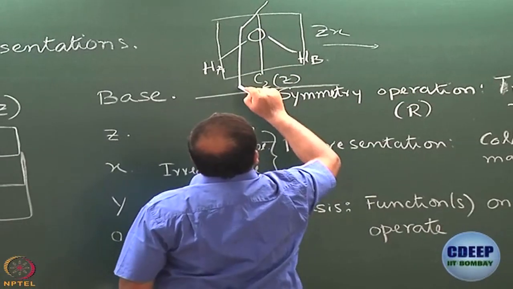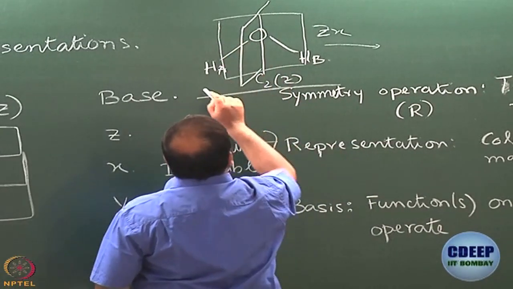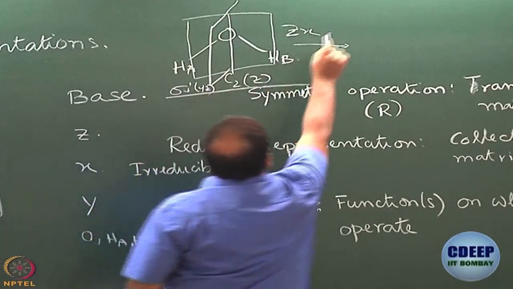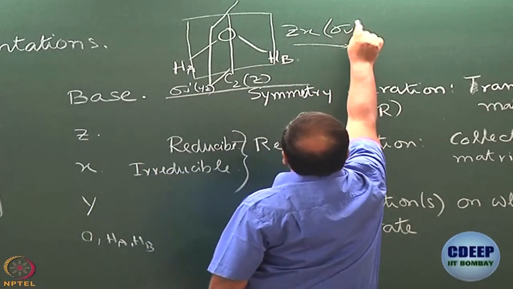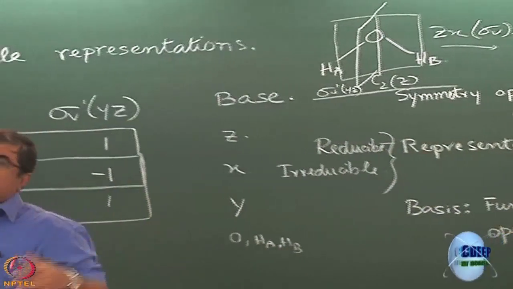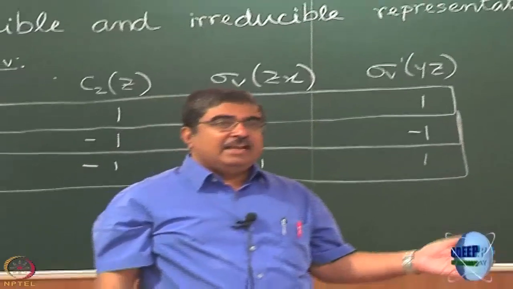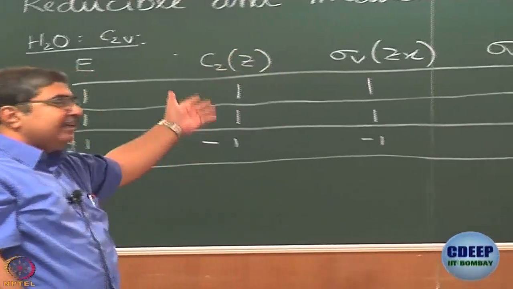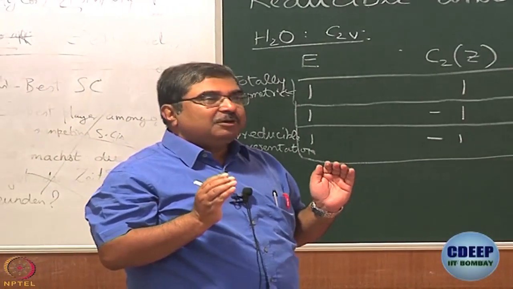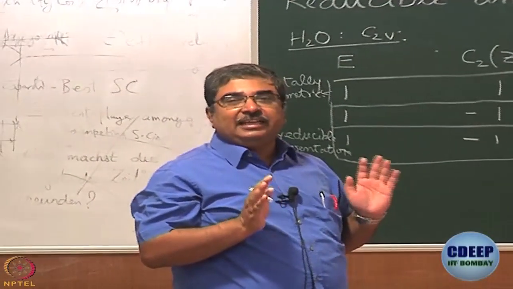This is your sigma v dash, which is yz. So, this we call sigma v. I have used x, y, z coordinates of some arbitrary point in space, and I have got 3 different irreducible representations. Now, I want to use the atoms, I want to see what kind of representation I get.